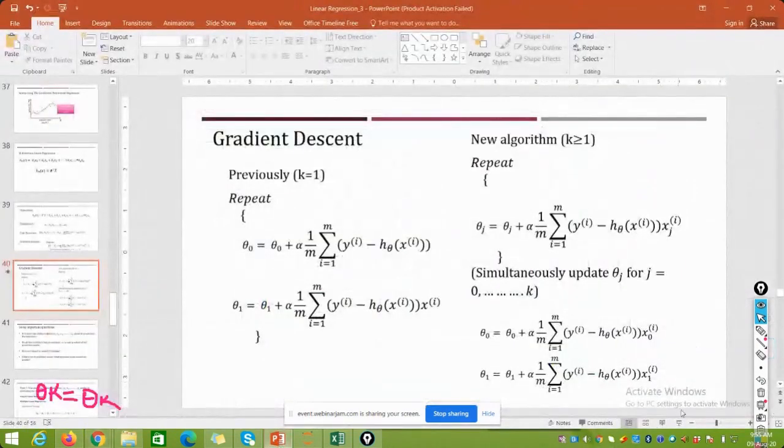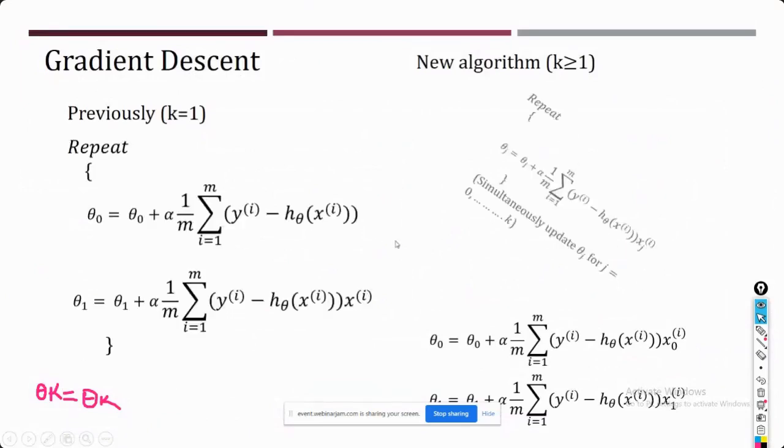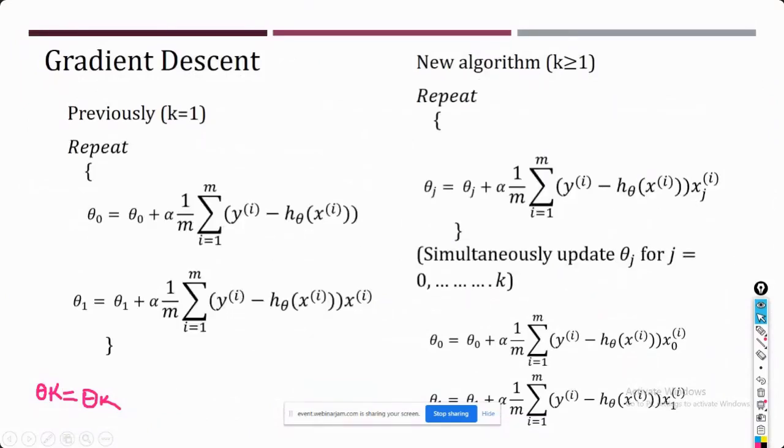So we were at this point. Now here what we are going to do is update my theta k, which is going to be associated with your kth feature. That derivation we have already seen in the last class, so I'm not going to cover it in much detail.